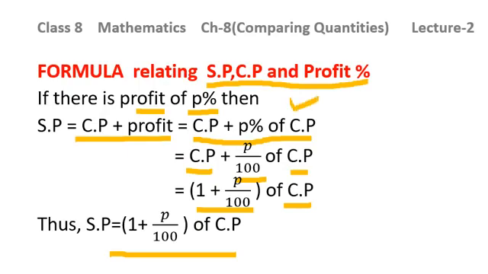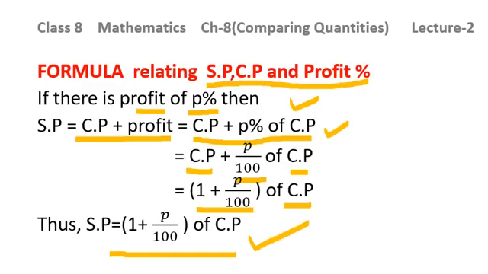Then putting the values of profit, that is P percent, in the second step, as the percentage sign is given, you are supposed to write P over 100. P percent can be written as P over 100. Then 1 plus P over 100 into CP. Then SP is given by the formula SP is equal to 1 plus P over 100 into CP. This is the formula between profit percent, SP and CP.